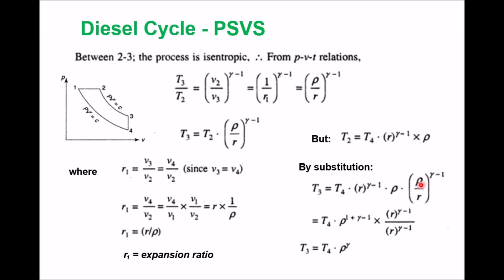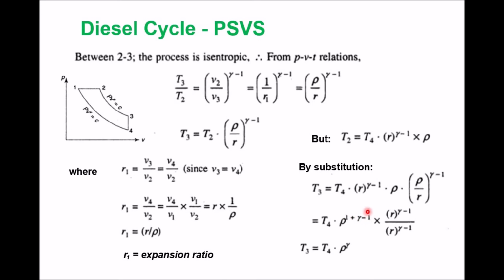If we combine this rho, because of the multiplication, then rho raised to 1 plus, we add the exponent. If you multiply two variables with the same base, you just add the exponent. So this has an exponent of 1, and this has an exponent of gamma minus 1. So you add 1 plus gamma minus 1.